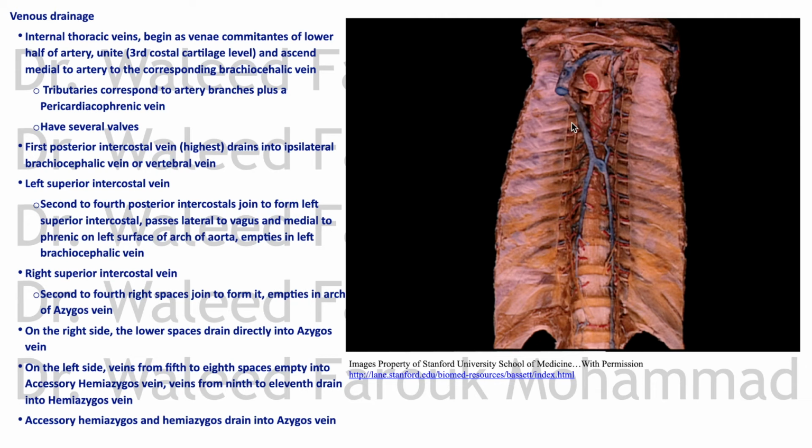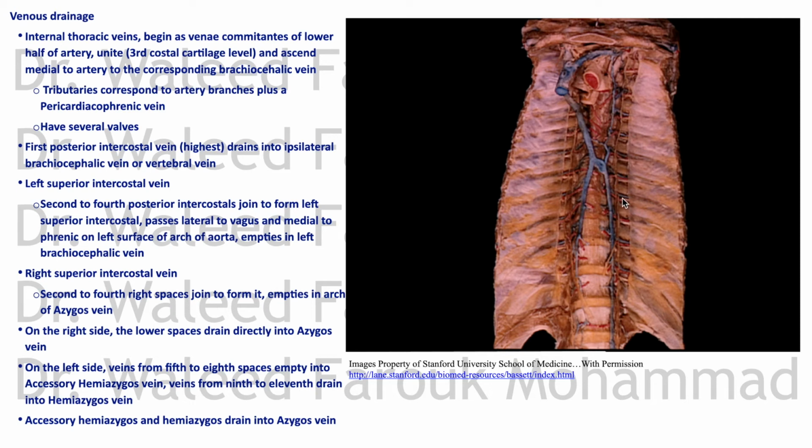Now, for the rest of the posterior intercostals, on the right side, they drain directly into the azygos vein, as you can see here. See the intercostal vein draining into the azygos vein?